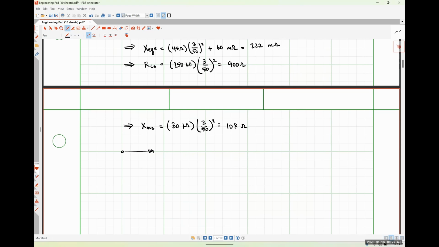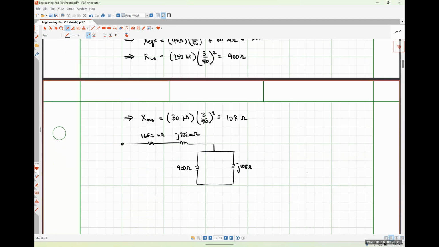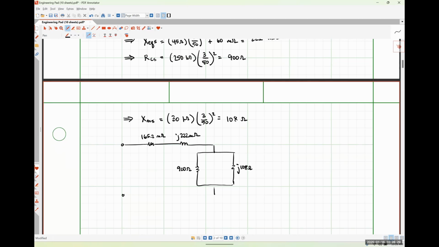Here is my resistance of 165.2 milliohms, my reactance of 222 milliohms, my 900 ohms of reflected core resistance, and here's my j108 ohms of reflected magnetizing reactance.